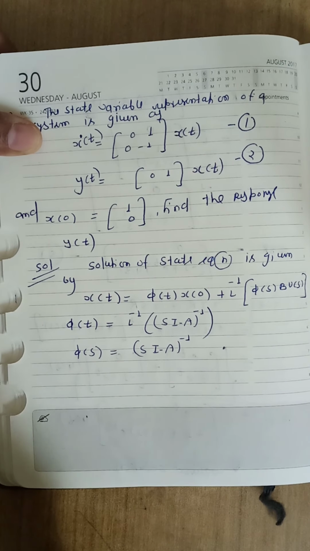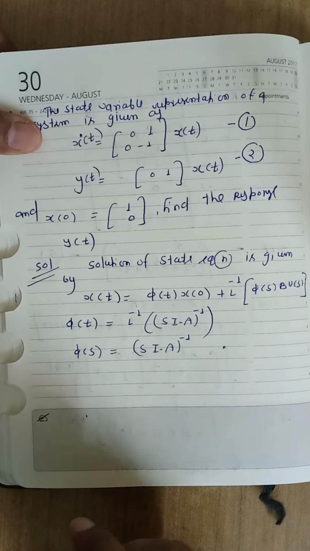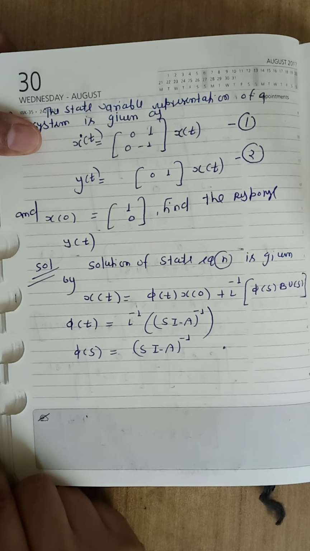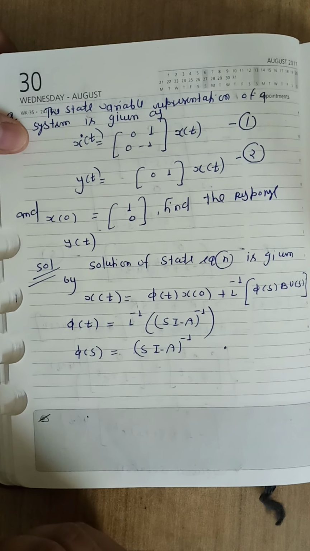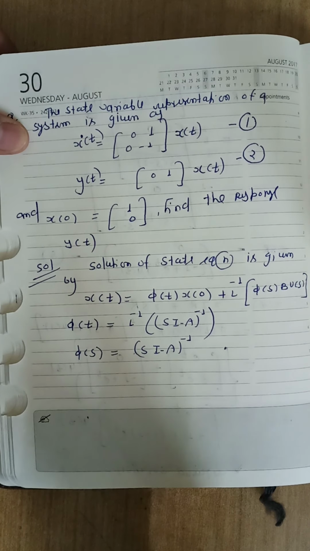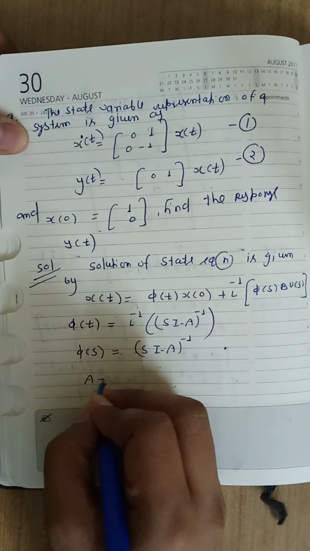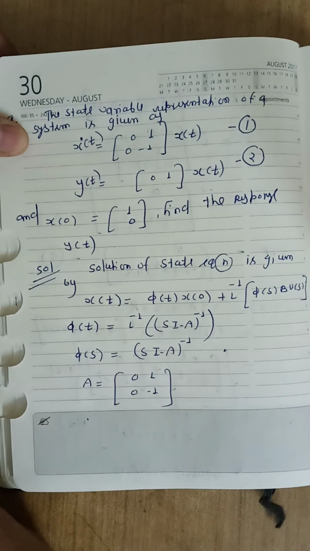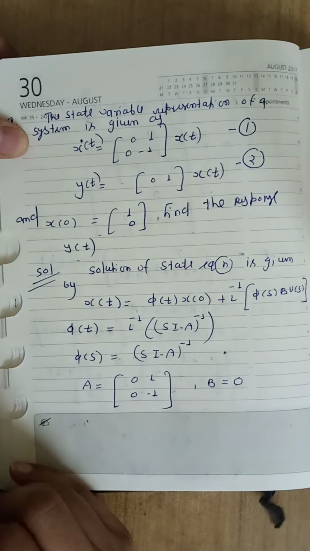We can define system matrix A and input coupling matrix B according to the given state model. If we compare the first and second equations with the standard state model, we have matrix A, which is [0, 1; 0, minus 1]. We have matrix B, which is [0; 1].